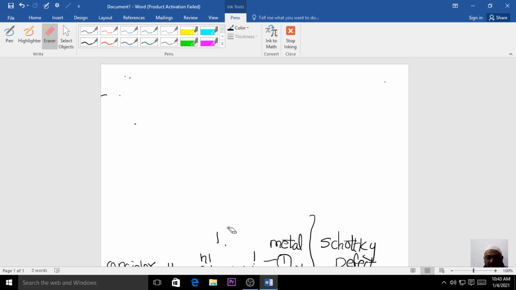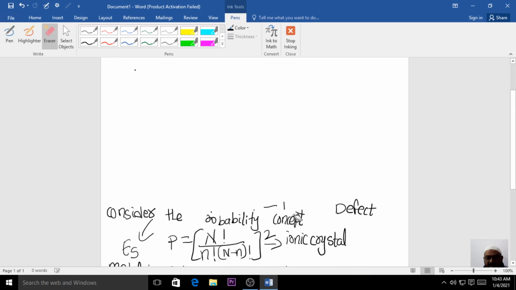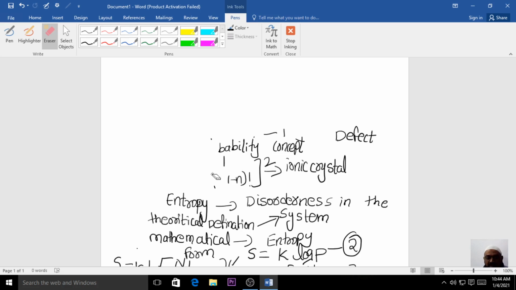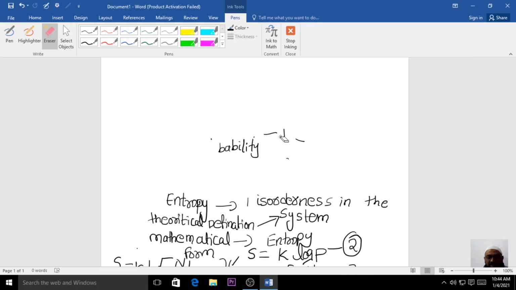I will do it in very clear mathematical steps for you, so that you have a clear idea while doing the second expression. You will not have any doubt regarding the mathematical steps that we are involved in for the first case, that is for the metal. While doing the metal, you will come to know how we are going to do this particular expression.